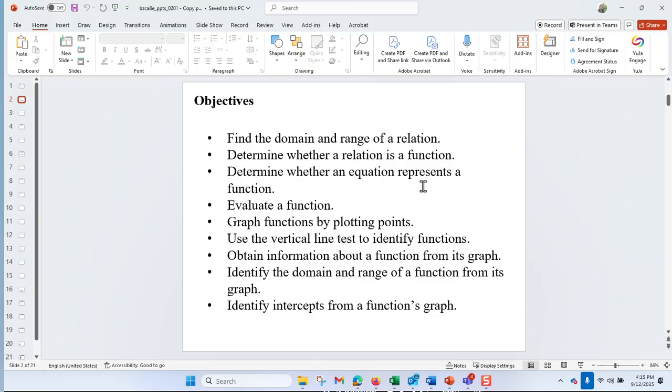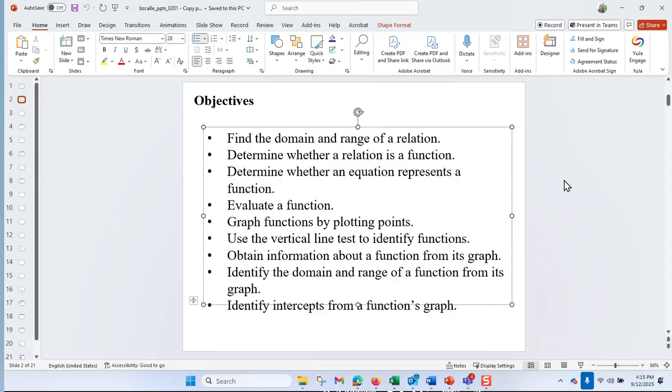Each function has a domain and range. A function is like a machine: domain is your input, range is your output. We need to be able to determine the relationship of the function, determine whether an equation is a function or not, and evaluate it.